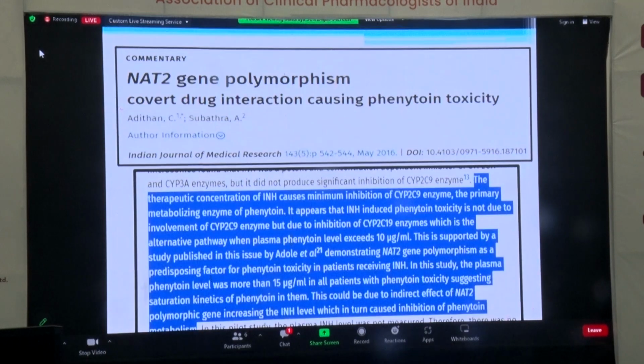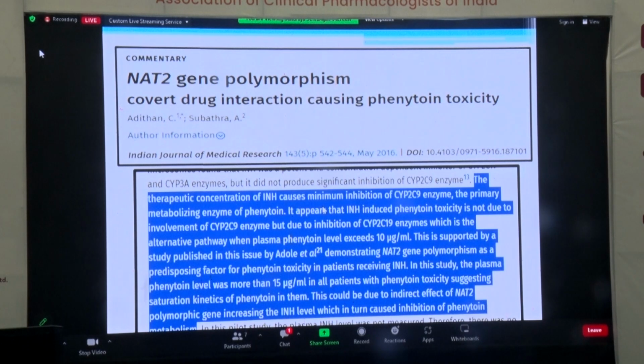Similarly, one more interesting finding was the effect of NAT2 gene polymorphism on phenytoin toxicity. This study found out, when these anti-epileptic drugs are given with anti-tubercular drugs, INH causes minimal inhibition of the CYP2C9 enzyme, which is one of the primary metabolizing enzymes of phenytoin.